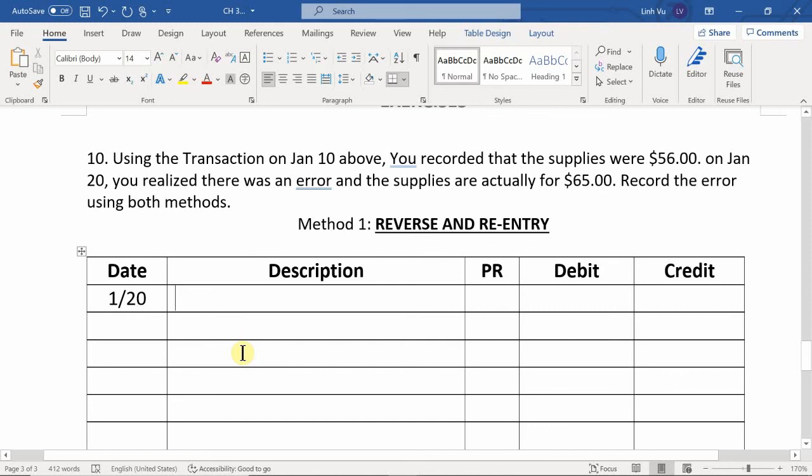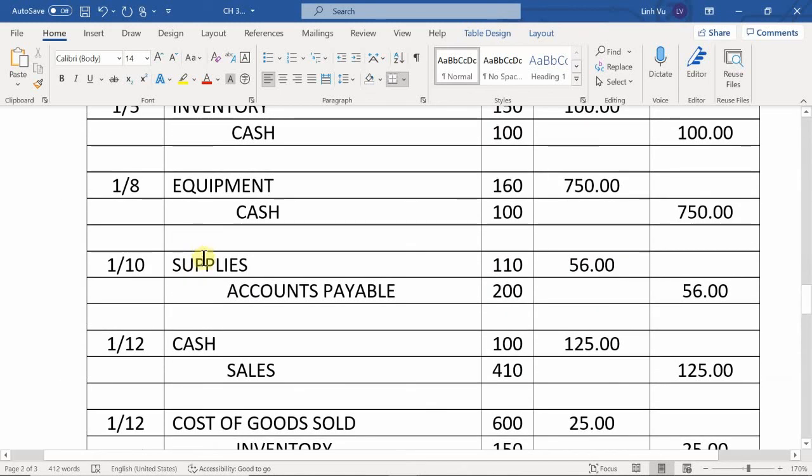So you sell the supplies and then you buy it again for 65. You sell an inventory, cash and inventory, or how do you... Okay, so how did I pay for my supplies? Cash? No. Let's take a look at that transaction one more time. $56 supplies.